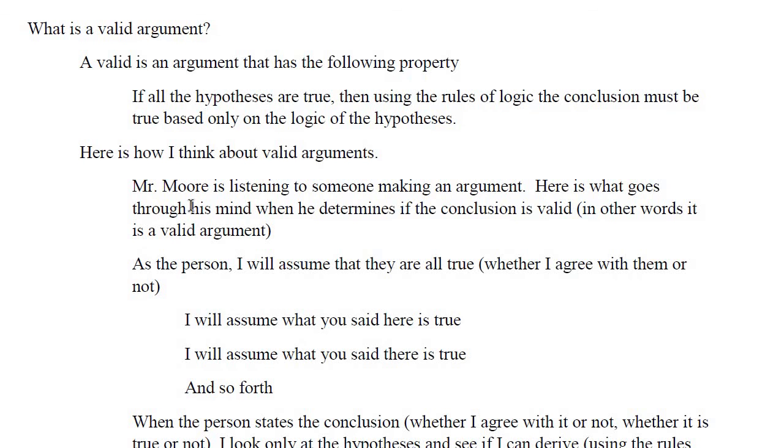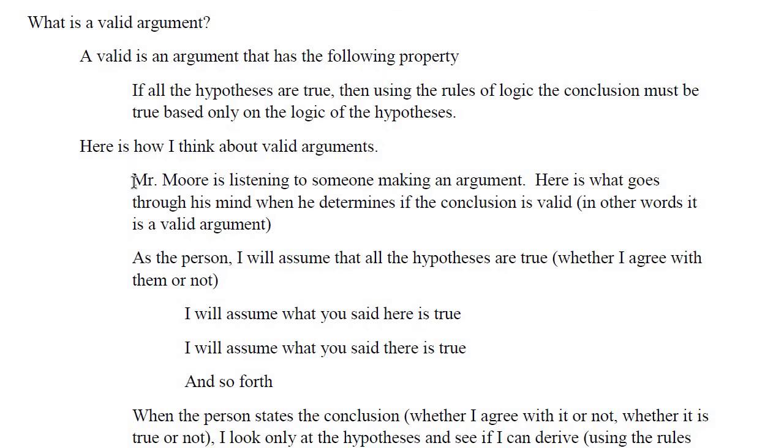Here is how I think about valid arguments. So, Mr. Moore is listening to someone making an argument. Here's what goes through my mind when I determine if the conclusion is valid. In other words, it is a valid argument. As the person, I will assume that all the hypotheses are true, whether I agree with them or not.